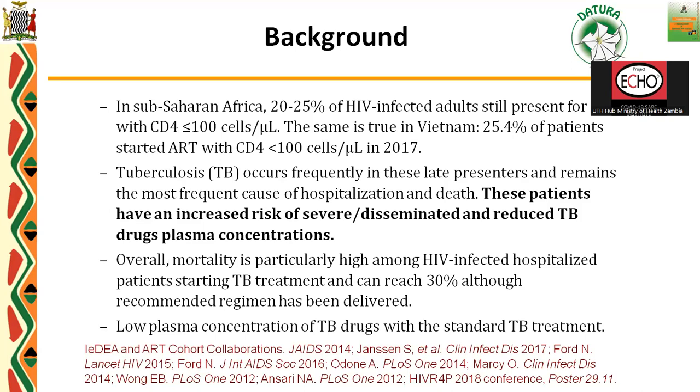If it's not better, our job is to try and make it better. And this is across the world. Part of the thought is that the cause of death, the first point there, is low plasma concentration of some of the TB drugs, because you have enteropathy and you can't absorb the TB drugs well because you are very sick. Next slide.